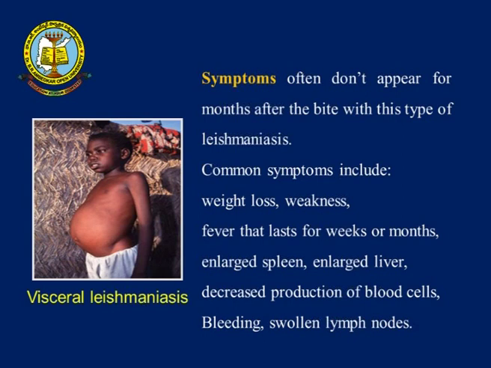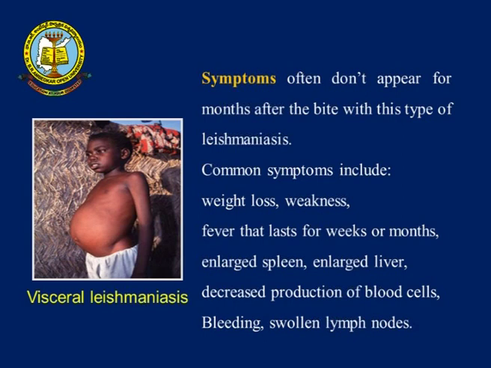Symptoms often do not appear for months after the bite with this type of Leishmaniasis, but the common symptoms include weight loss, weakness, fever that lasts for weeks or months, enlarged spleen, and enlarged liver. You can see in the picture over there, the person is affected by this enlarged spleen or liver.